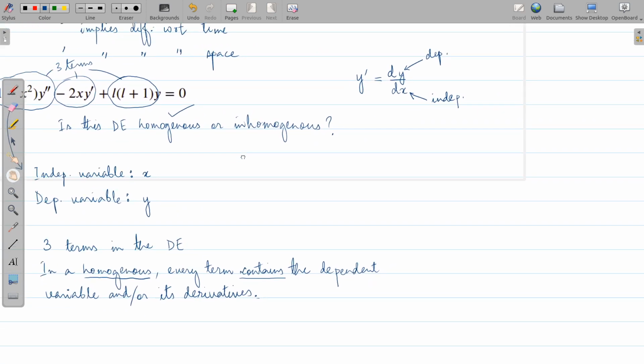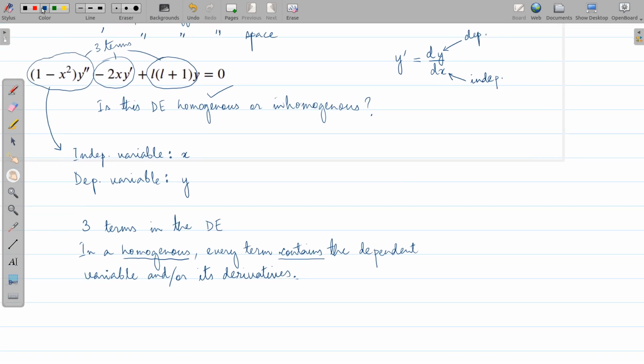But suppose I write the differential equation like this: 1 minus x square y double prime minus twice x y prime plus L into L plus 1 y minus e to the power minus x square is equal to 0.